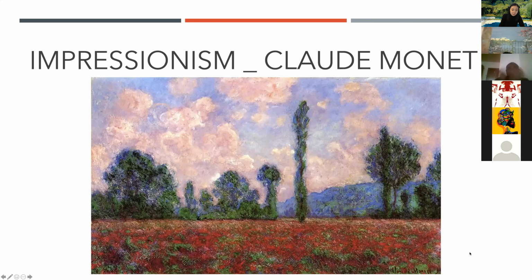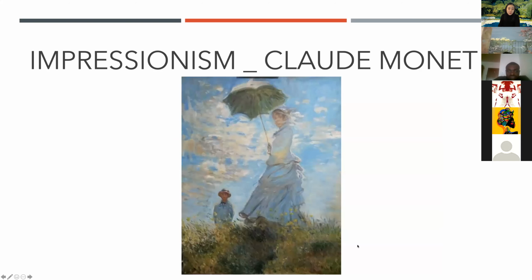And here's another beautiful landscape painting. Also, he used the brush stroke speed to show time in his painting. Through this painting, we could even feel the windy weather because of the brush strokes.